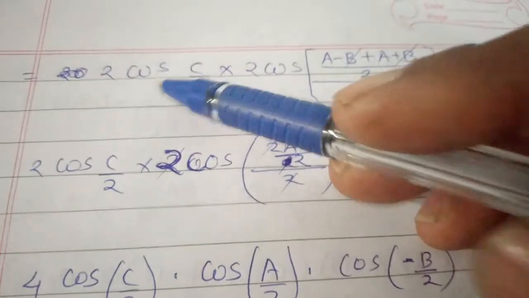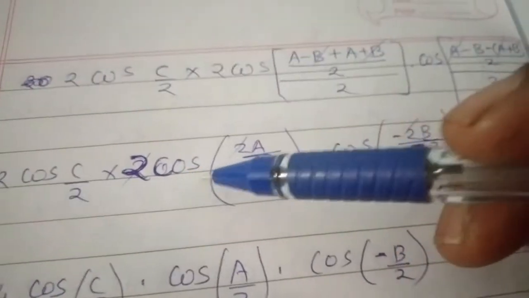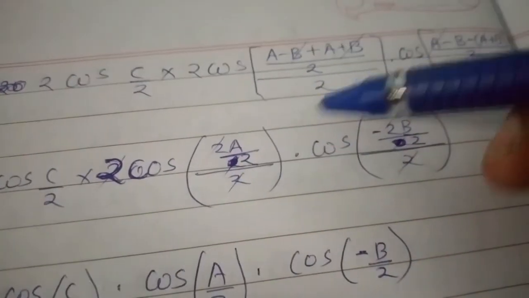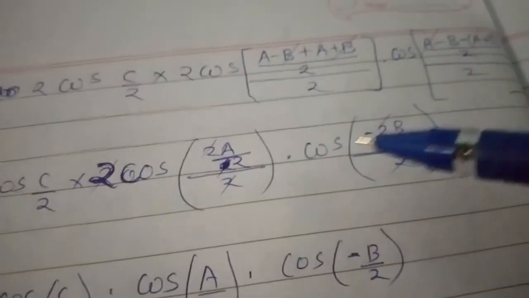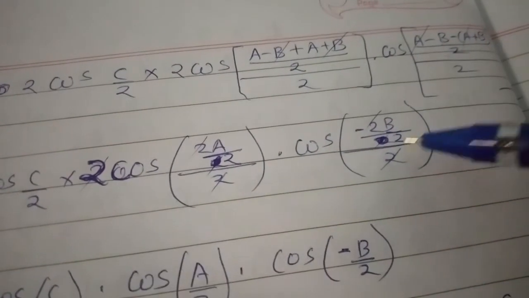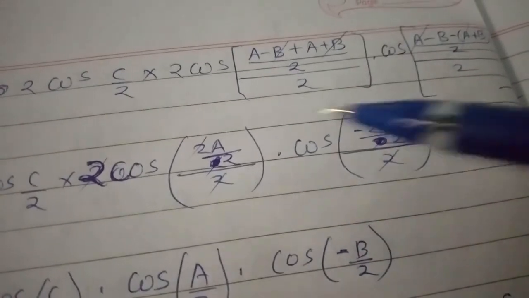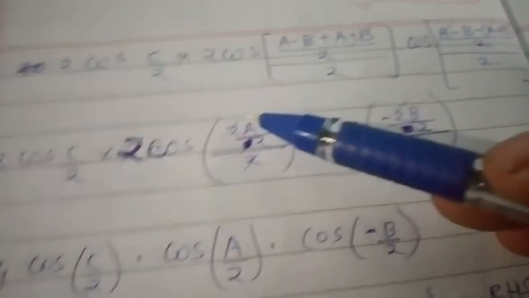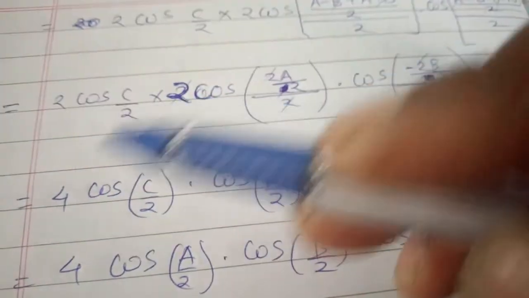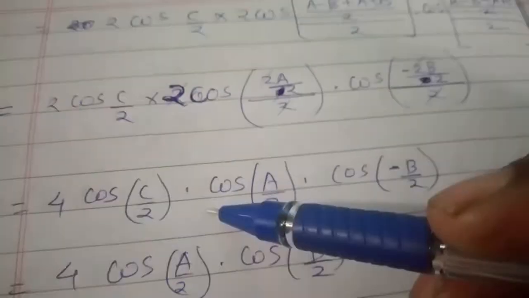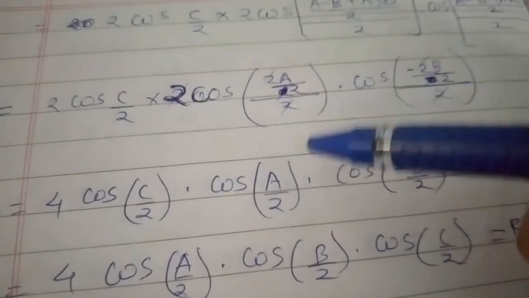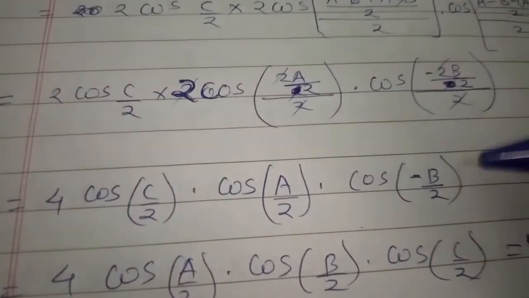So the next step is 2 cos(c/2) into 2 cos(2a/2) divided by 2 into cos(−2b/2) divided by 2. This 2 cancels with this 2, and this 2 cancels with this 2. So the remaining terms are 2 into 2, that is 4 cos(c/2) cos(a/2) cos(−b/2).